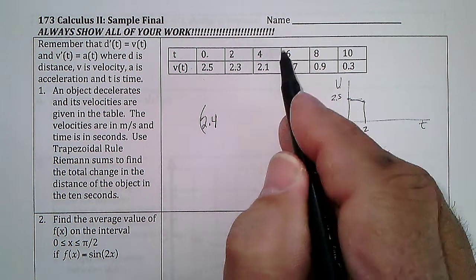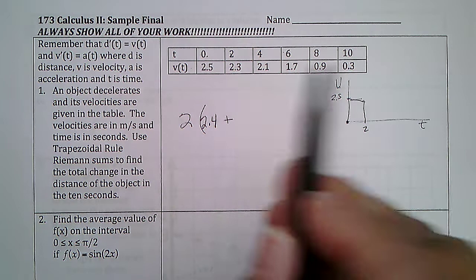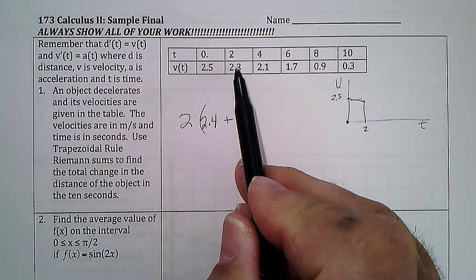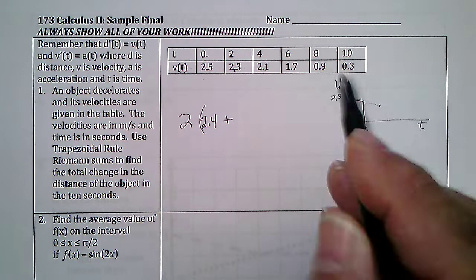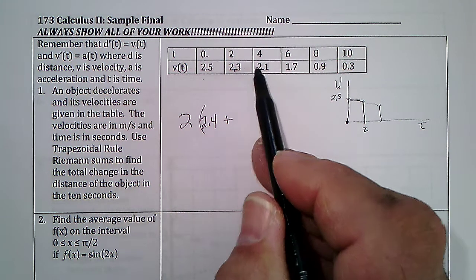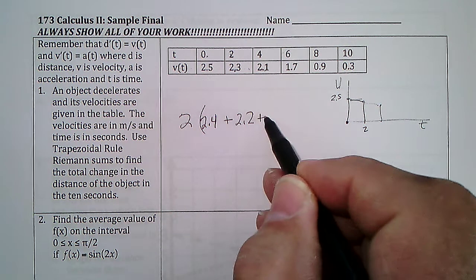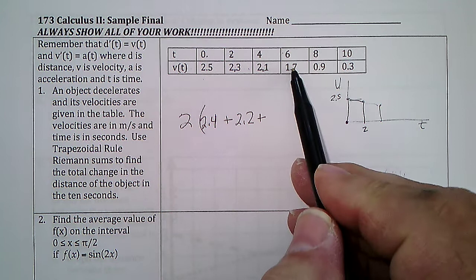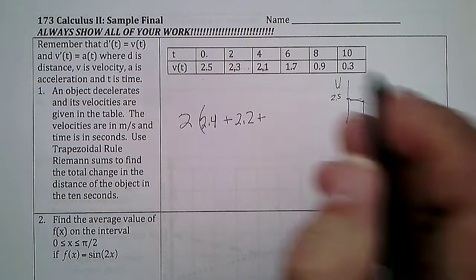And each one of these is 2 seconds, so I can just take 2 times the sum of the average heights. The average height between 2.3 and 2.1 would be 2.2. Between 2.1 and 1.7, the average would be halfway between, which is 1.9.